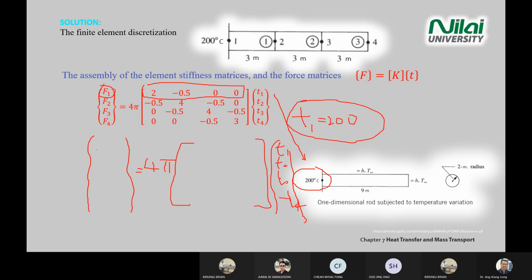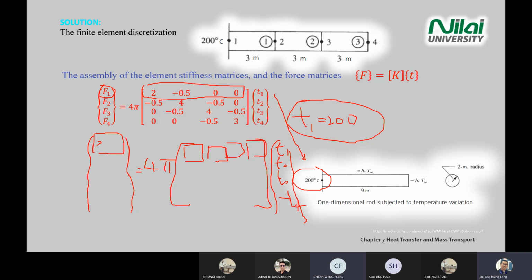Which top? Yeah, here, this one, this location. What number should you put here? And then what number you should put here? To get this T1 equal to 200. So what should you put on the left hand side here?